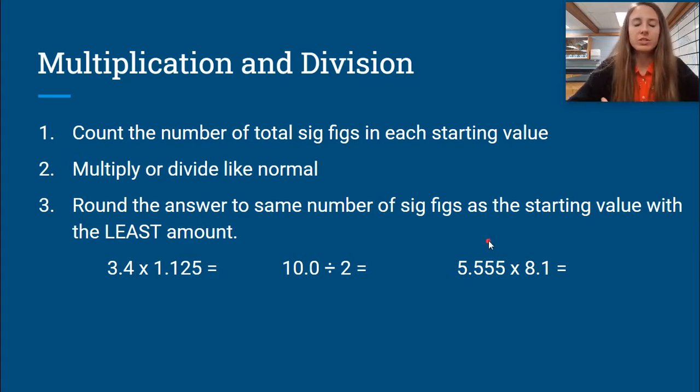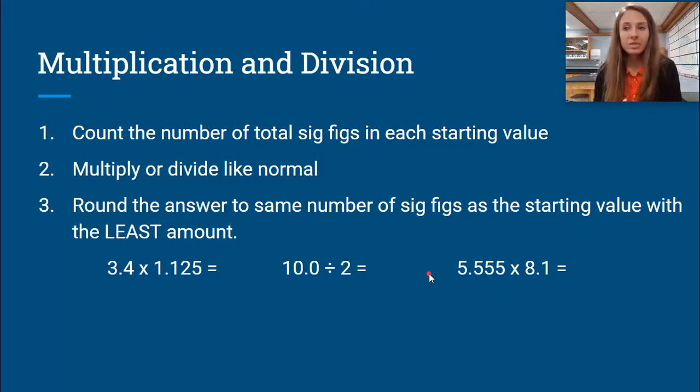Now, the reason why we do this is because your answer can only be as precise as your least precise measurement or starting value. If my least precise starting value is only 1 sig fig, we cannot have an answer that has 5 sig figs because that means our answer is more precise than our starting values are.